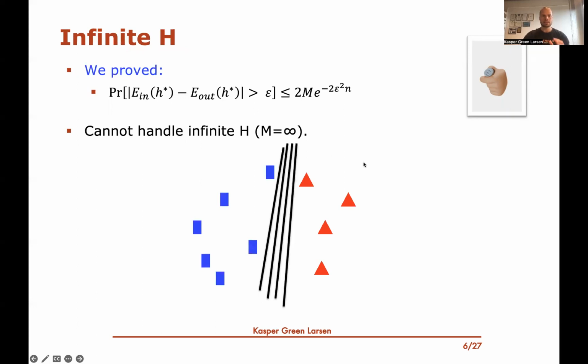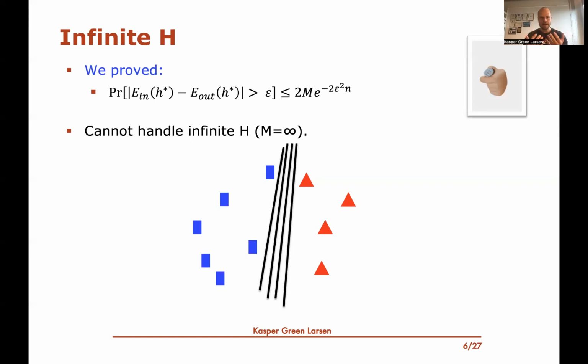Okay. So what we also saw was that this inequality, this formula, really doesn't work if we have an infinite number of hypotheses. Like, for instance, which is the case for many of these learning algorithms that we've seen, for instance, just using a line in 2D or a hyperplane in general to do classifications based on the side of the hyperplane.